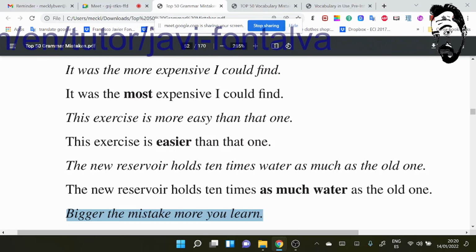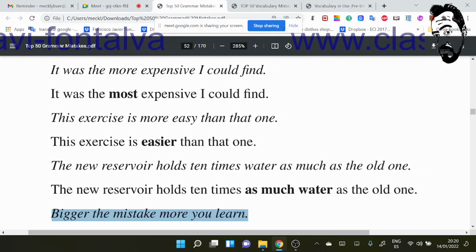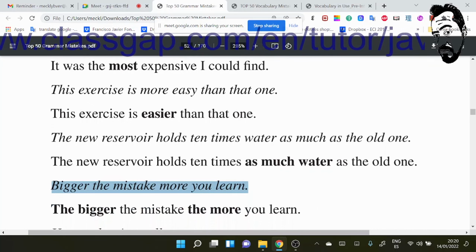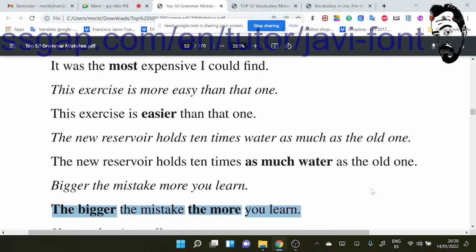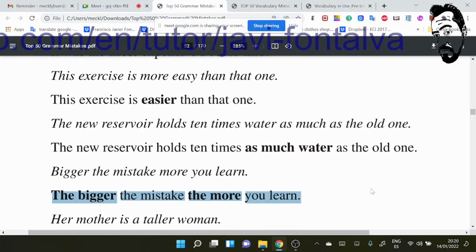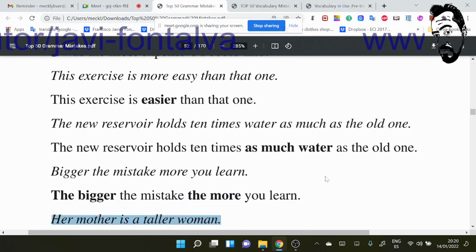What's the problem here? Desordenado? ¿Cómo se dice? Untidy. Well, not really. The problem is wrong structure again. So the bigger the mistake, the more you learn. This one, maybe this one is a little bit easier.